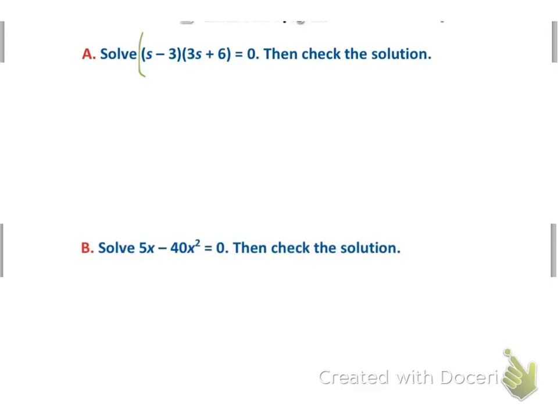So we're going to go right ahead. We've got a thing times a thing. So we can go straight into the zero product property here, and split into our two separate equations. Then we solve.